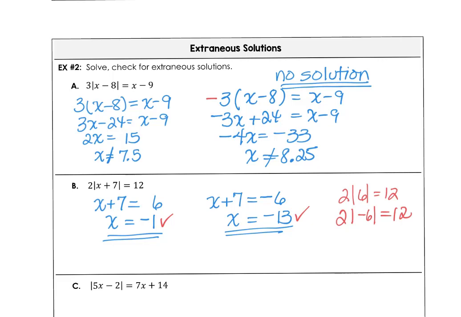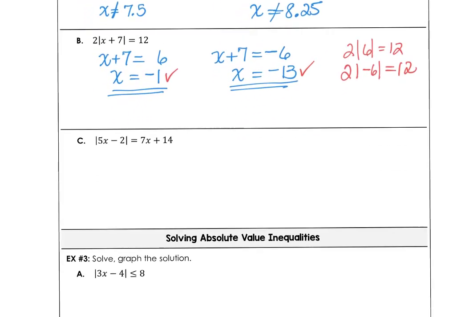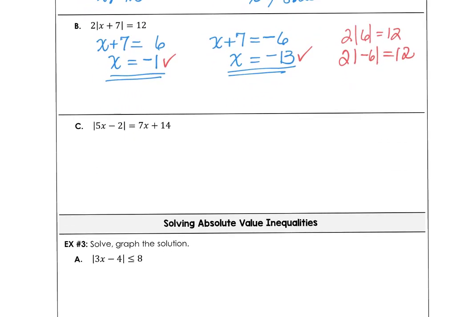In part C, we're going to solve for 5x minus 2 is equal to 7x plus 14. So isolating the x, we get negative 2x equals 16. x is negative 8. And we want to do the opposite.